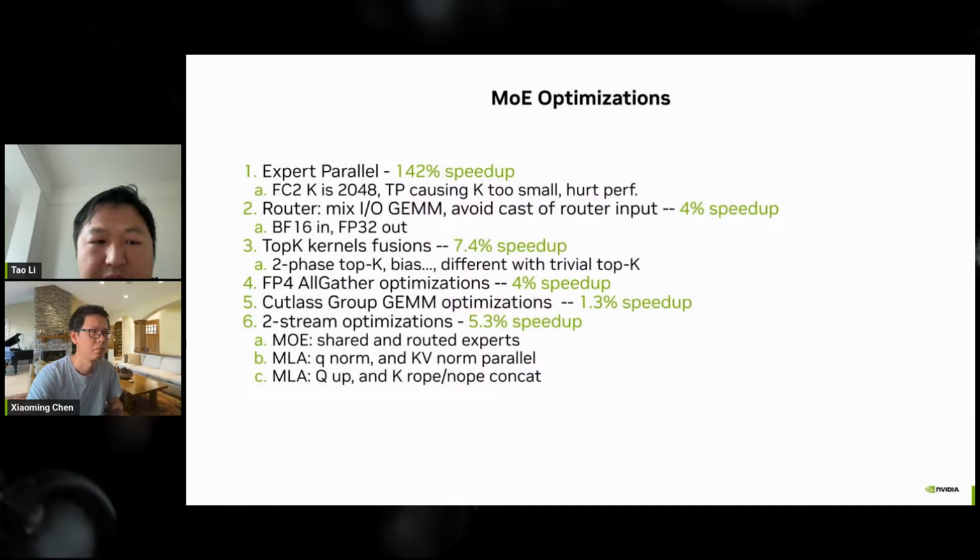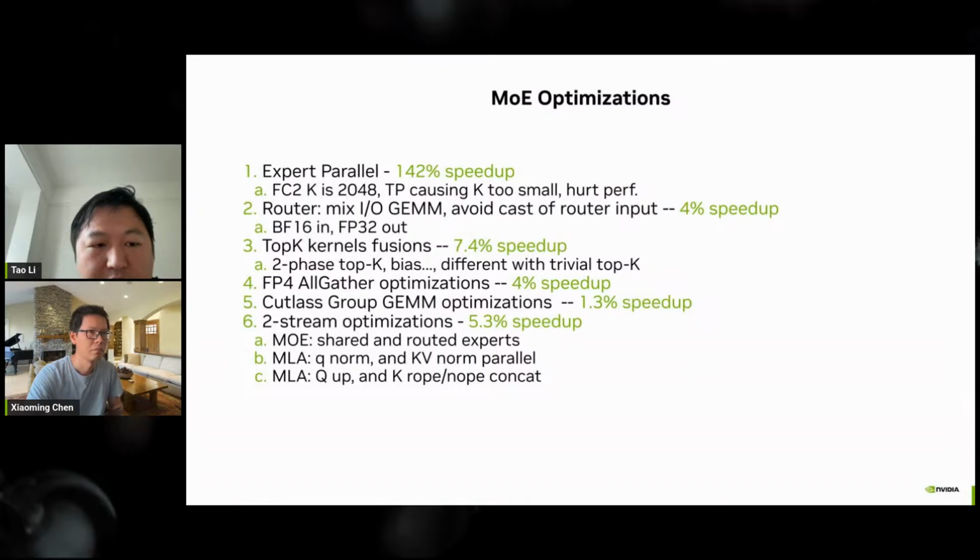It will be a very small k, and the small k may cause us to not fully utilize the tensor cores in some cases and hurt performance.